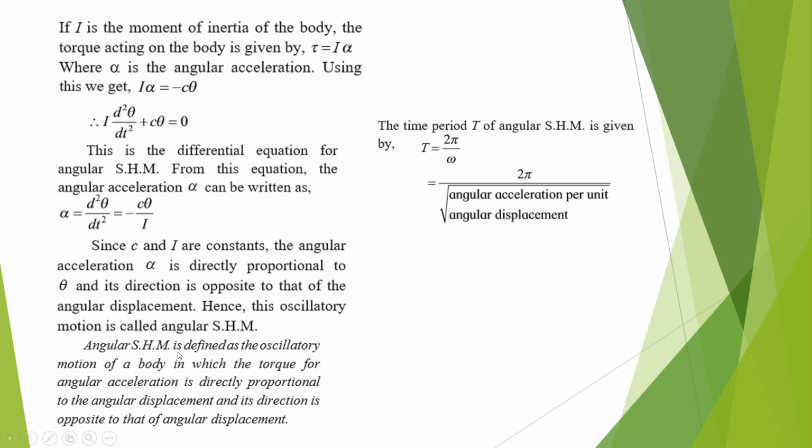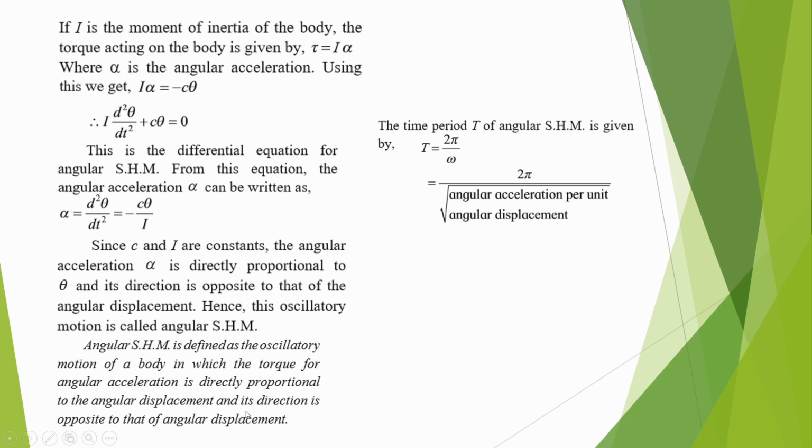Angular SHM is defined as the oscillatory motion of a body in which the torque or angular acceleration is directly proportional to angular displacement and its direction is opposite to that of the angular displacement.